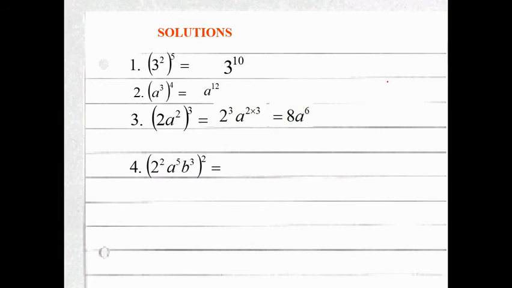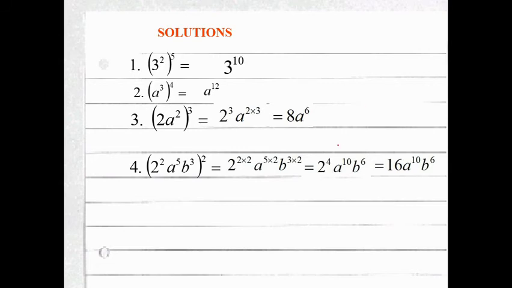What about this one? What happens here? So we get 2 times 2 as our exponent, a 5 times 2, and then b 3 times 2. And when we multiply all that, we get 2 to the 4th, a to the 10th, b to the 6th.